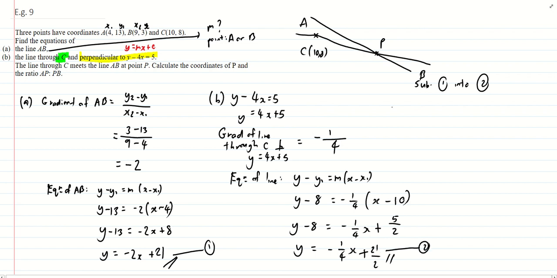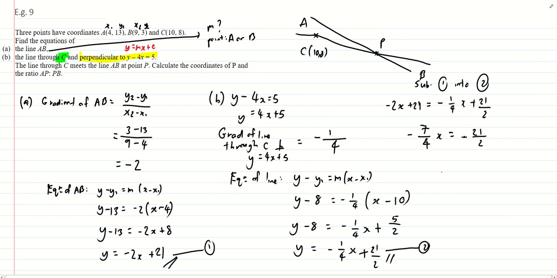Okay, so I have negative 2x plus 21 is equal to negative 1 over x plus 21 over 2. So if you simplify this, I have negative 2 plus 1 over 4, negative 7 over 4 x, equals 21 over 2 minus 21, so negative 21 over 2.